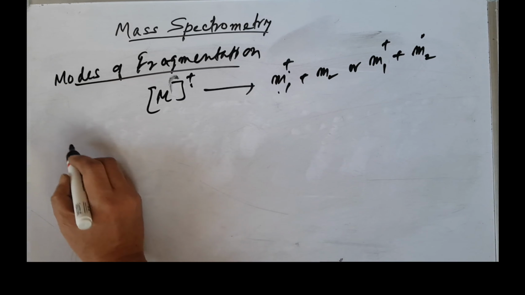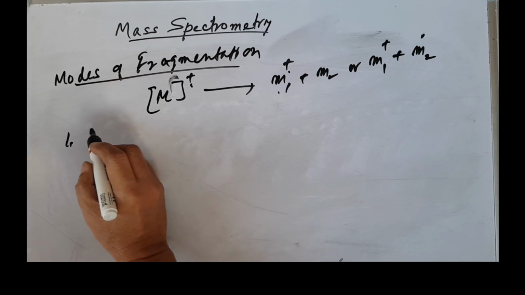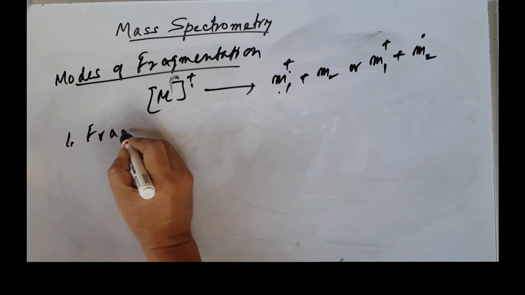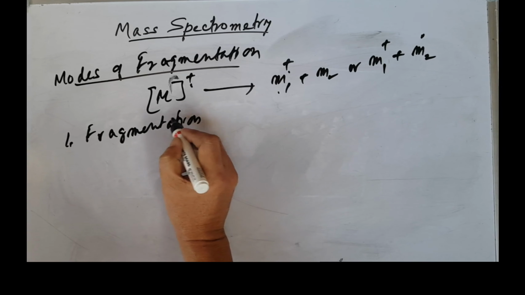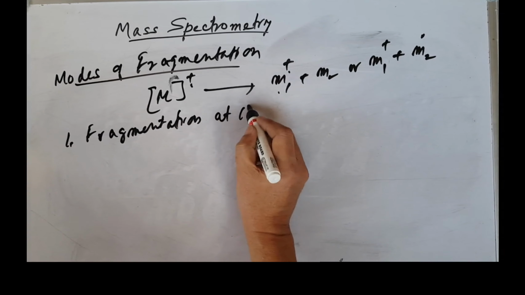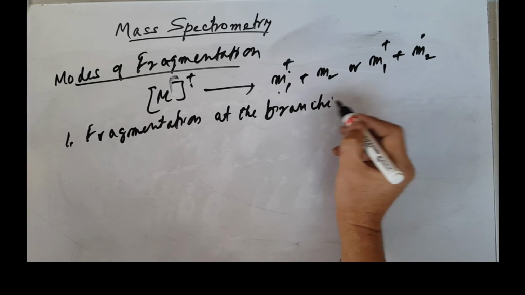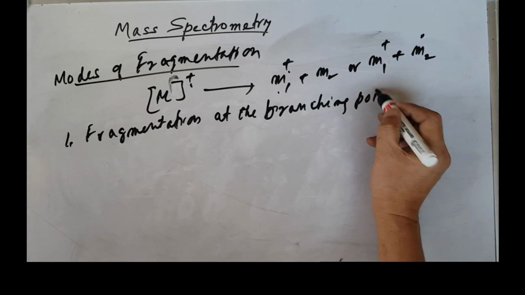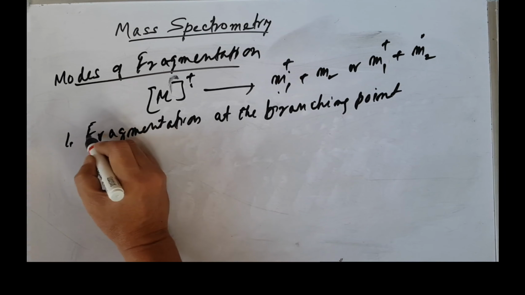First one is fragmentation at the branching point. Most generally, for the branching point, this is generally found in the hydrocarbons, long chain hydrocarbons with a branching system.